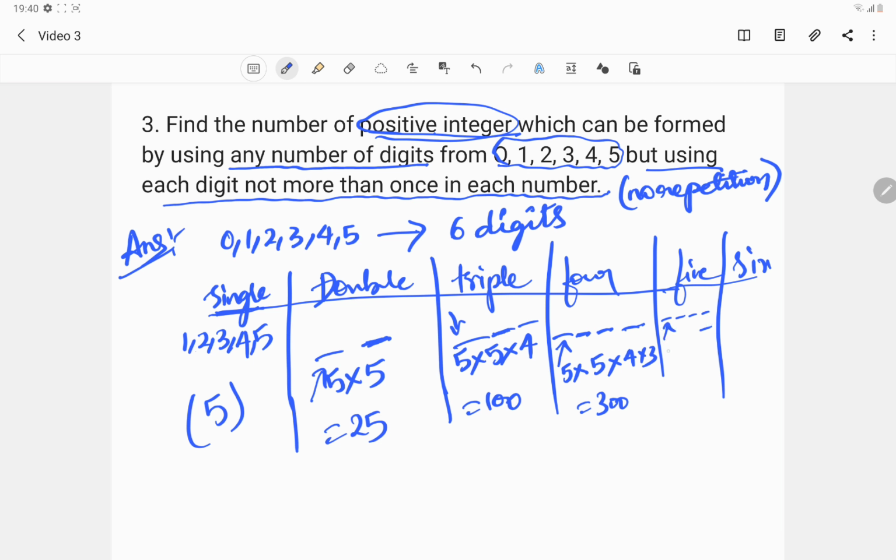Here I have 5 choices, then 5, 4, 3, 2, so that is nothing but 600. Now 6 digits, again I have 5 choices here. Next 5, 4, 3, 2 and 1, so this is also another 600.